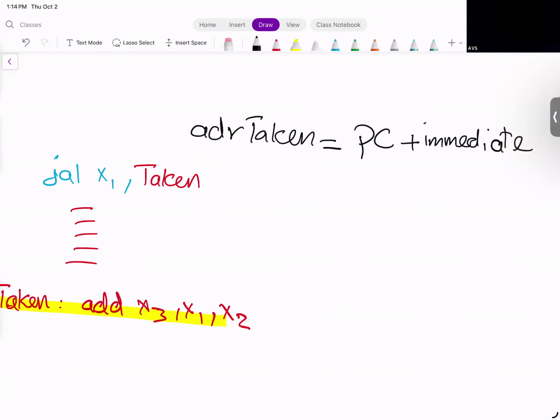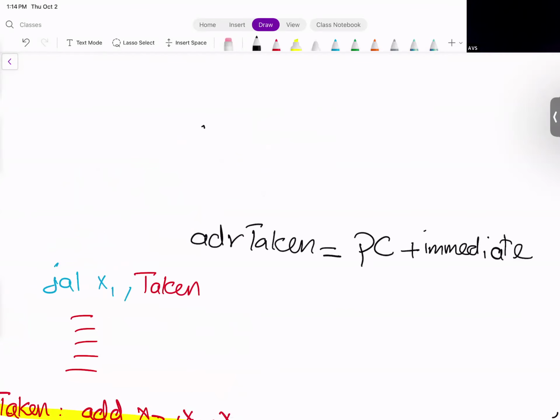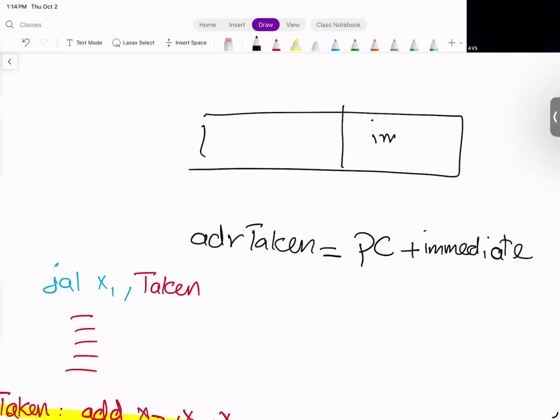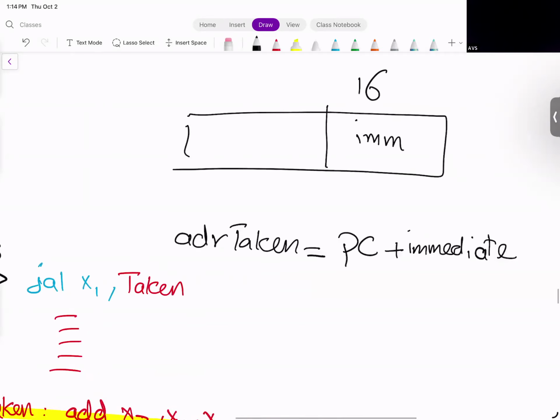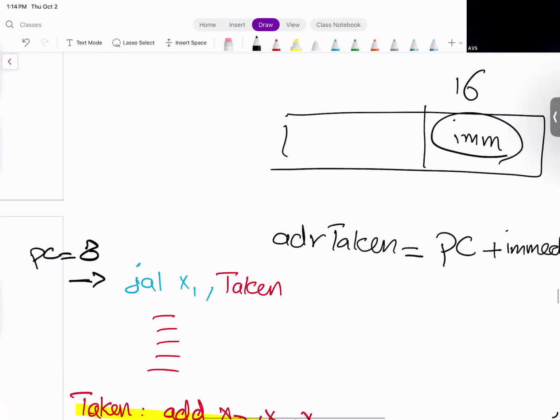When I'm writing it as an actual 32-bit instruction, I provide the immediate value. For example, I provide 16. What this means is that whatever the current PC is, let's say the current PC is 8, this instruction will be translated into whatever value is stored here, which in this case is 16: add 8 plus 16 and go there.